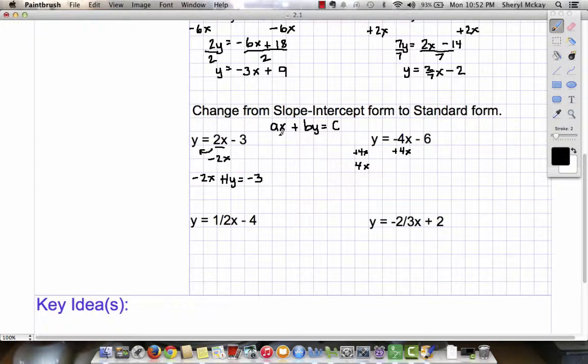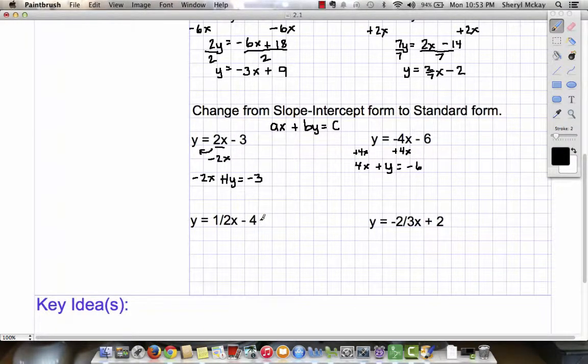X is first, and I don't have to get rid of the coefficient because it has a place for a coefficient. That's what the a is. So 4 is the a in this particular one. 4x plus y equals -6. And that is that one.